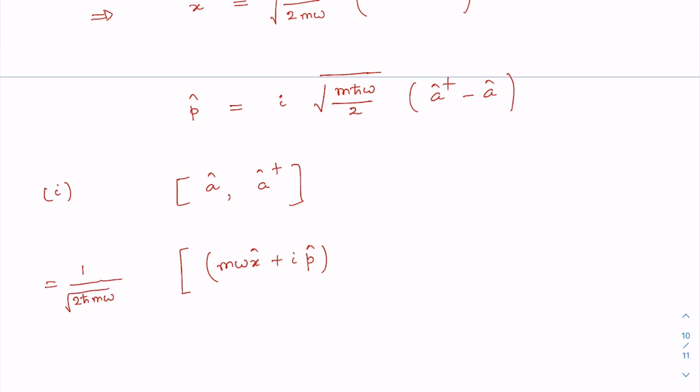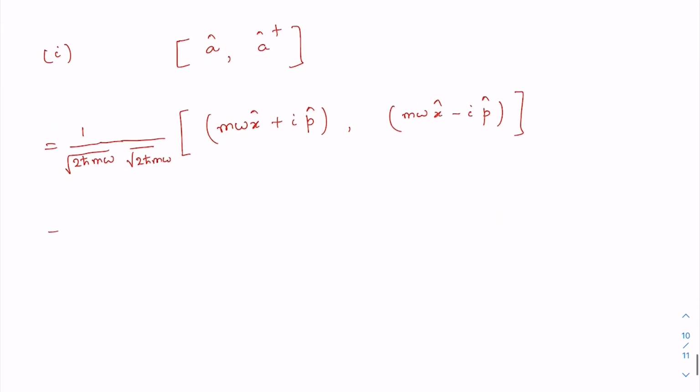And from A dagger I have m omega x cap minus iP, and again the factor of twice h cross m omega, let me take it out. So therefore I will have 1 divided by twice h cross m omega times m omega x cap plus iP, m omega x cap minus iP.